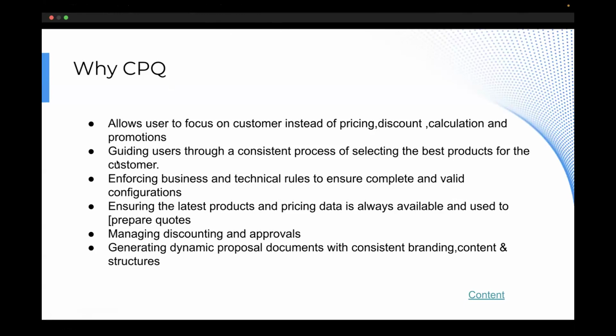Now, the last advantage is generating a dynamic proposal document with consistent branding, content, and structure. I told you one of the limitations of an offline tool is that if we generate a quote document using MS Word or any other text editor, there could be irregularities between two quotes. One quote may have some inconsistency with another quote document, but if the documents are prepared using Salesforce CPQ, the two documents would be identical.